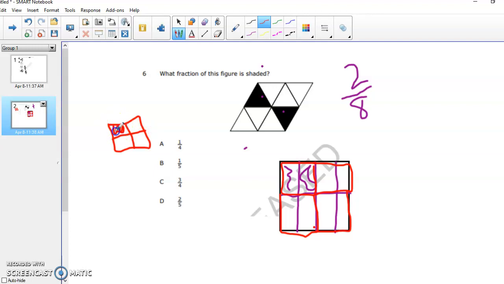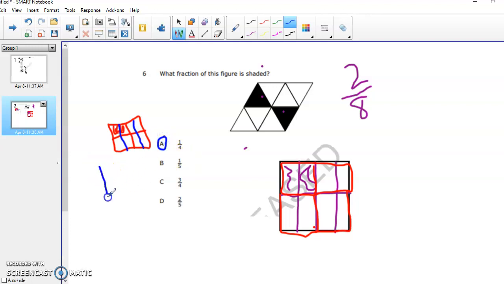Was there a way for me to take 4 pieces and turn them into 8 pieces? Yeah, that's just like I did the last one. So I'm going to split each piece in half. And now I have 1, 2, 3, 4, 5, 6, 7, 8 equal pieces in the whole, and 2 of them are shaded. So I know that it must be A.